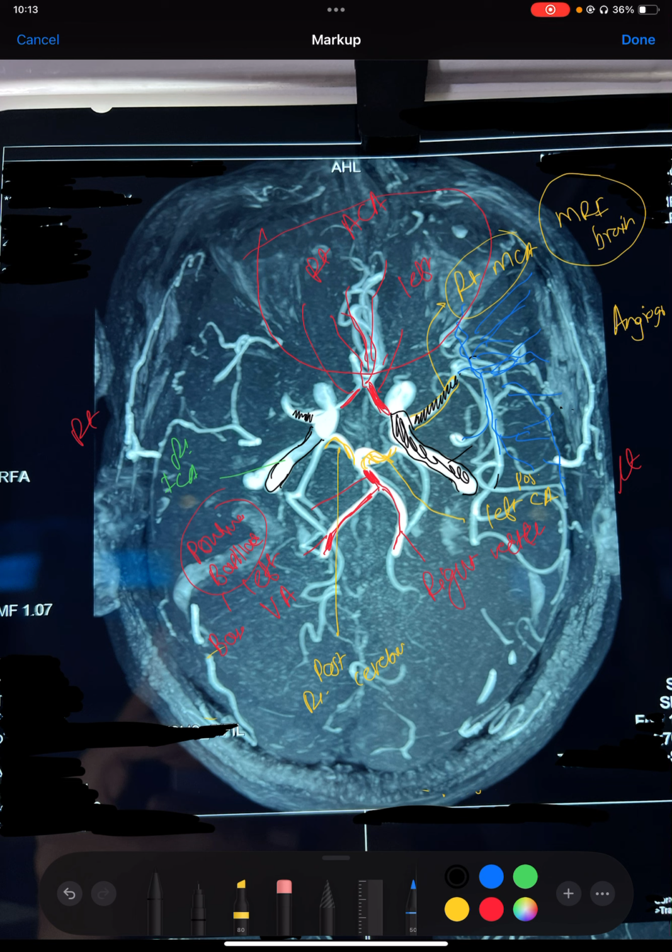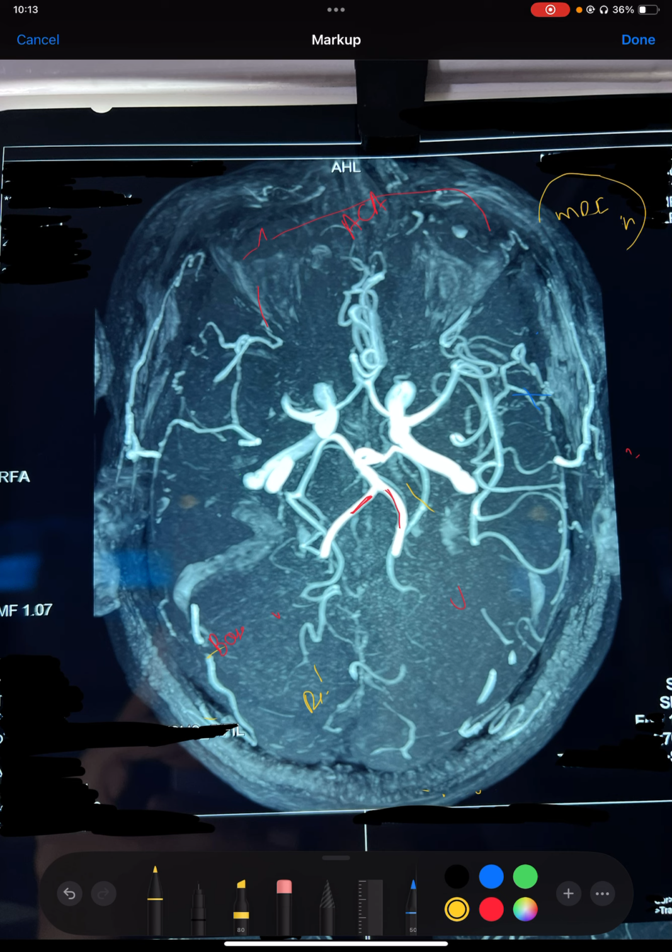Here we can see the right middle cerebral artery, but from beyond this point, we cannot trace the artery. If we simply compare the blood vessels from left to right, just see how many branches of this middle cerebral artery are so well visible.